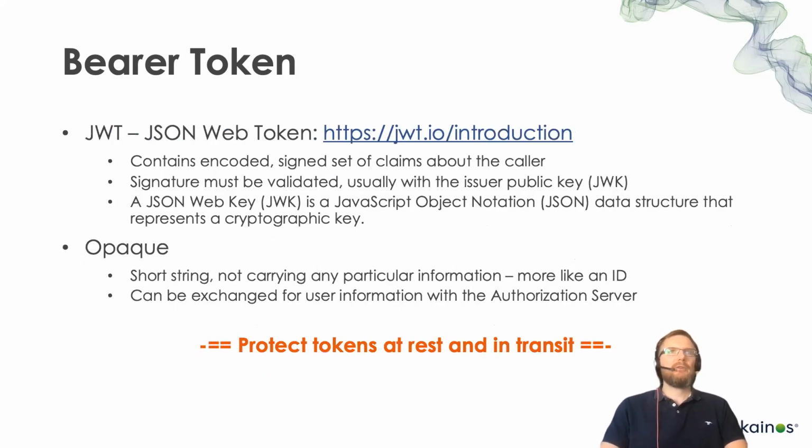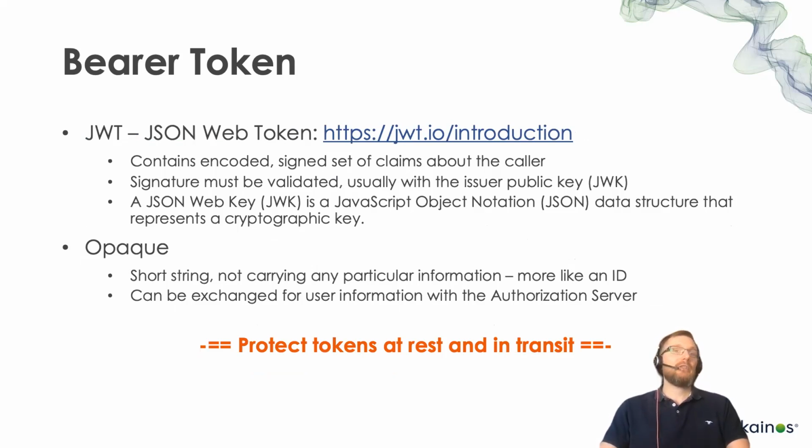There are 2 types of bearer tokens. We can use JSON Web Token notation for this. The JSON Web Token contains an encoded and signed set of claims about the caller, which means that the server that holds the data, when receiving that token, can just decode it and it will know what kind of permissions the caller has.